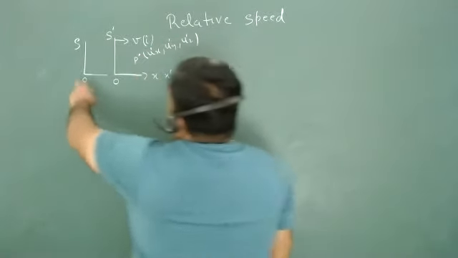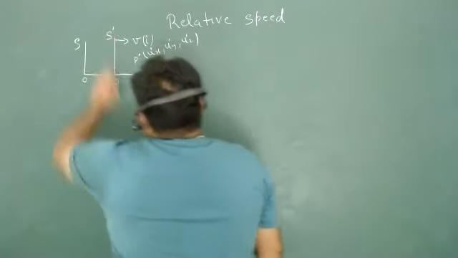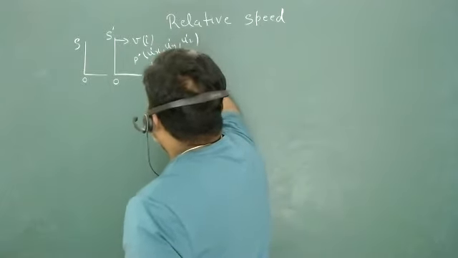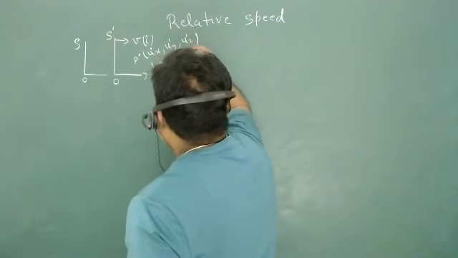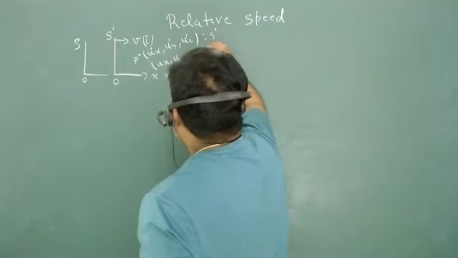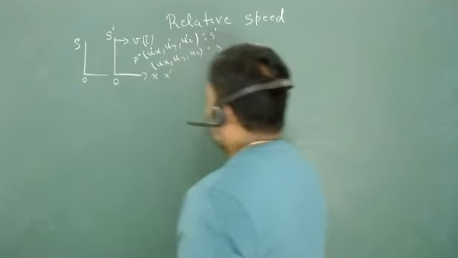The same point will be measured from the S frame as ux, uy, uz. This is measured from the S dash frame, and this is measured from the S frame.